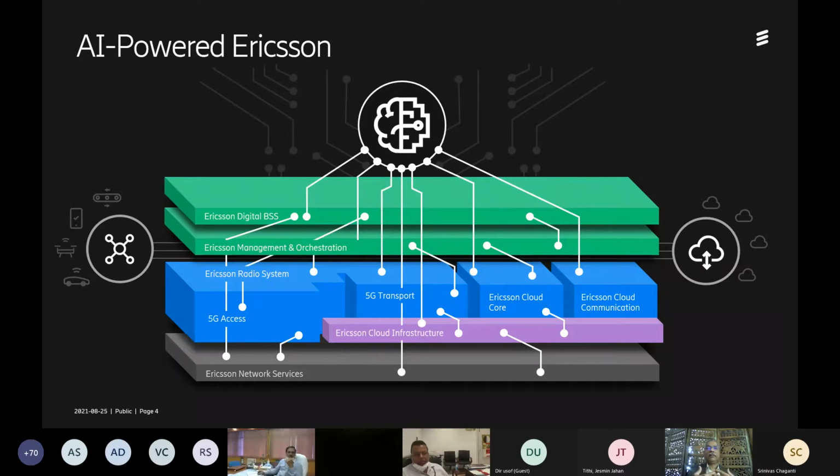Then you have the cloud infrastructure itself, which is virtualized and containerized. You have communication services running on top of them. You have the packet core kinds of services running on top of them. So that is shown here.